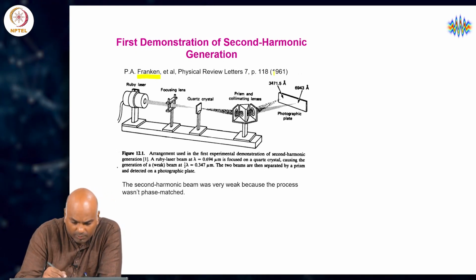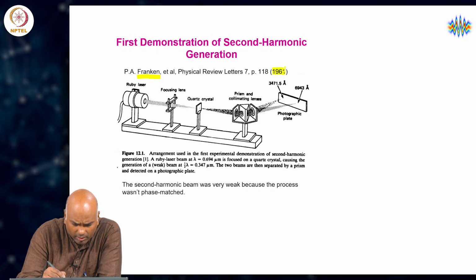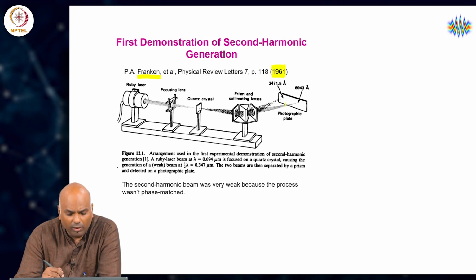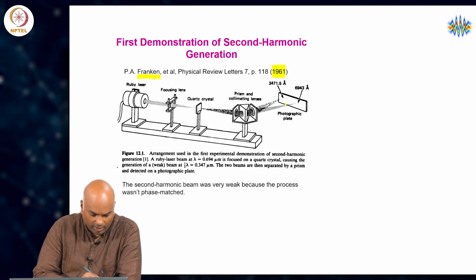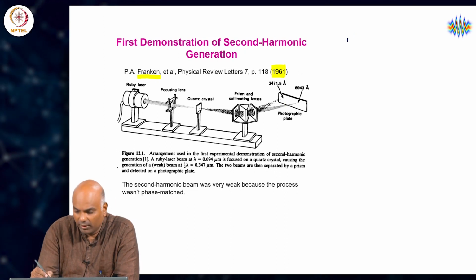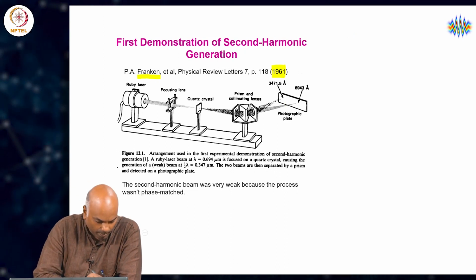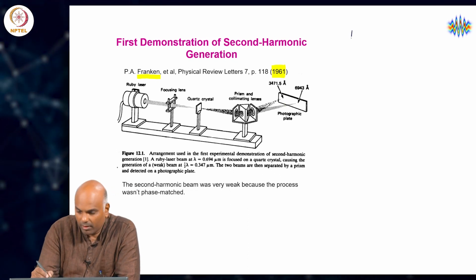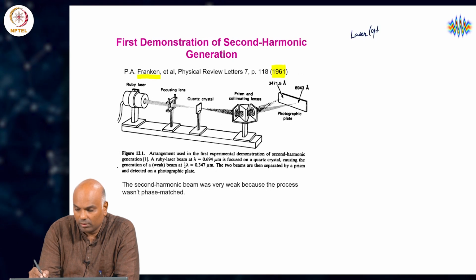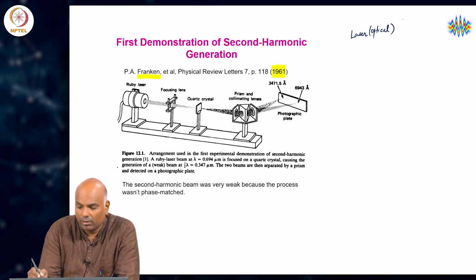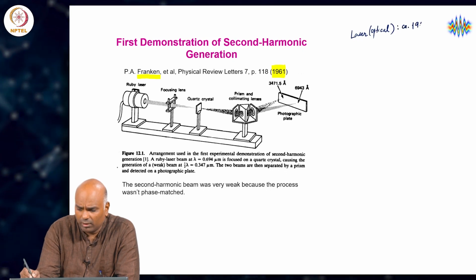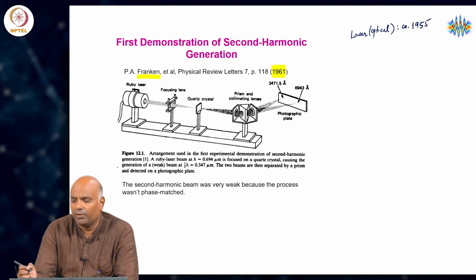Note here that this paper was published in 1961. Okay. Now, the point to note is the related fact that the optical laser, not the maser, was invented in about 1955.